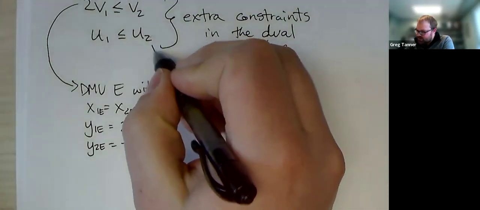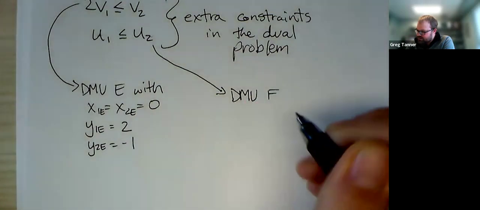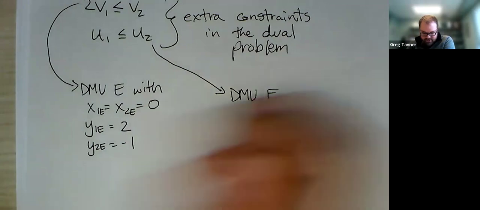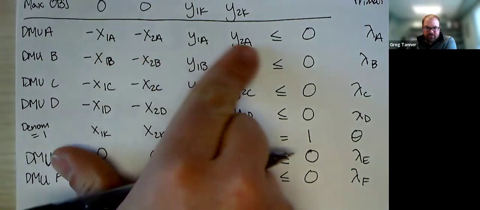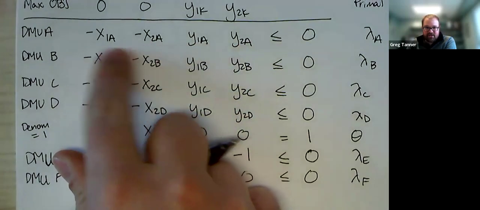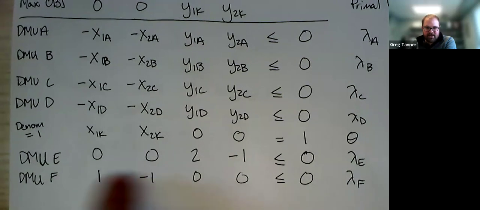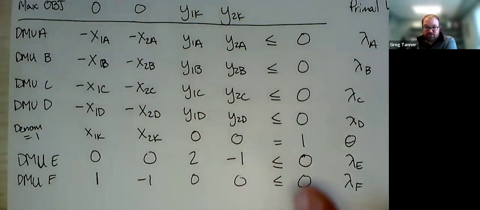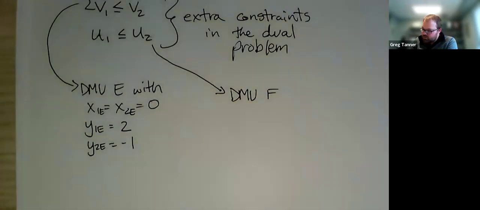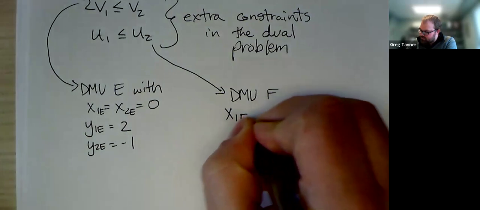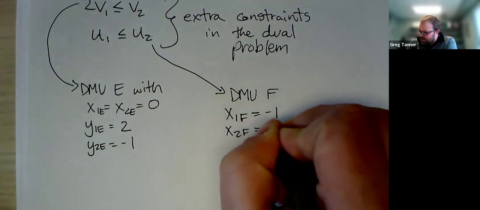Then this one we can think of as DMU F. This is the one we need to be a little careful with. Looking at each of the other rows, we've got negatives on the inputs, and so we get a -1 here and a +1 here. We need to multiply each of those by -1 to figure out what X1F and X2F would be. So X1F ends up being equal to -1 and X2F equals +1.